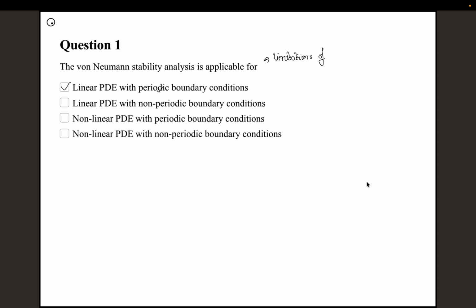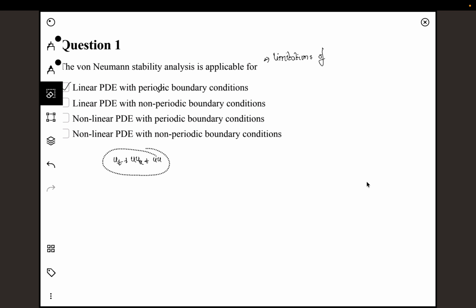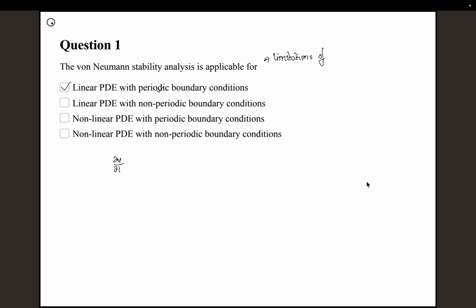So you can see quickly that this particular method, say if I want to apply this to the Navier-Stokes equation, so we have the momentum equation, say the 2D case. Say something like this.